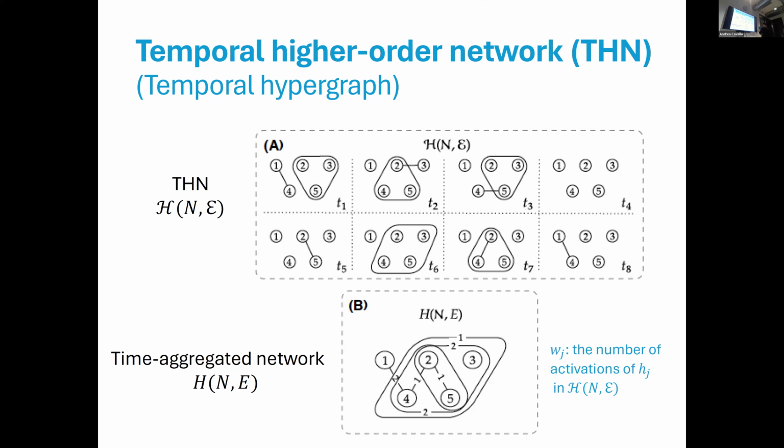The time aggregate network has the same set of nodes as the temporal high-order network, and each hyperlink in it is also assigned a weight, which represents the number of activations of this hyperlink in the original temporal high-order network. We denote the weight as Wj here.